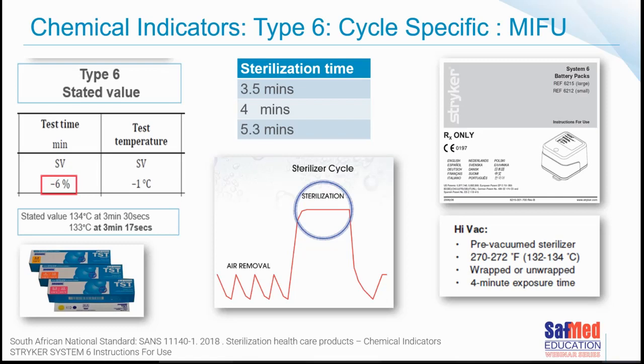If you look at the instructions for use on the right over here, this is for a Stryker System 6 battery pack. It clearly states in the manufacturer's instructions for use that these devices must be sterilized between 132 and 134 degrees, wrapped or unwrapped, with a 4-minute exposure time.